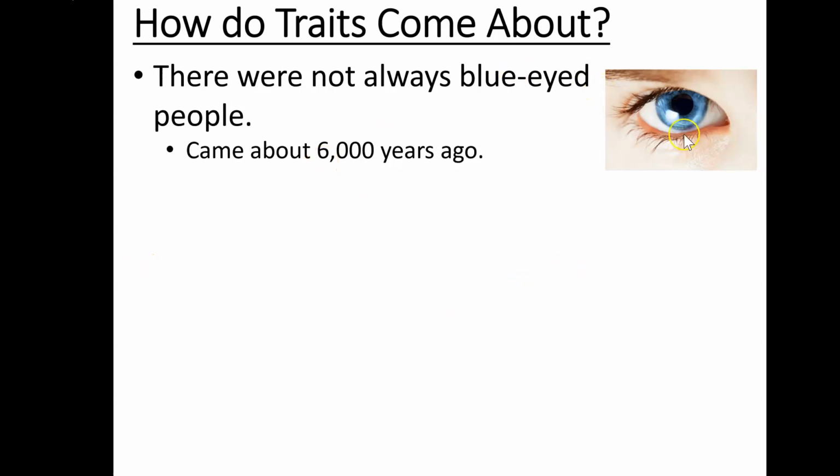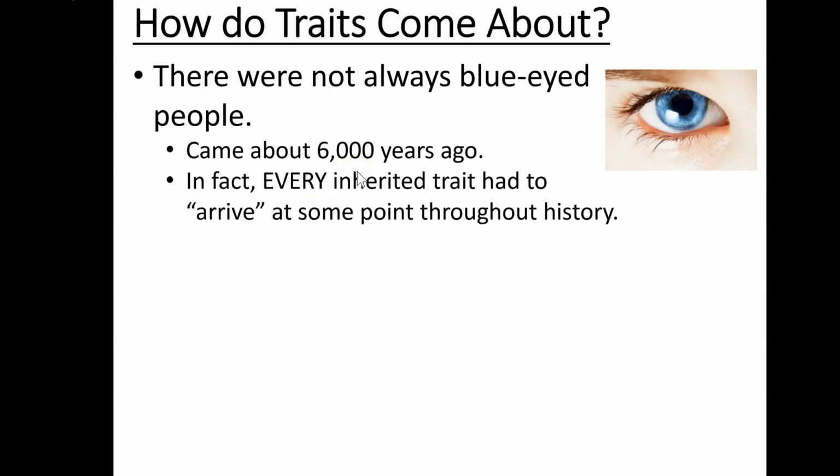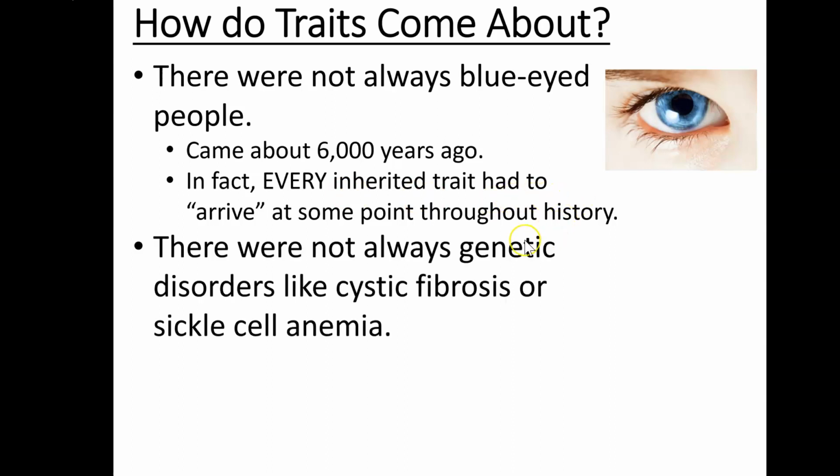So blue-eyed people basically came about 6,000 years ago. In fact, every inherited trait had to arrive at some point throughout history, because we all know that we have come from a line of much simpler organisms over millions of years.